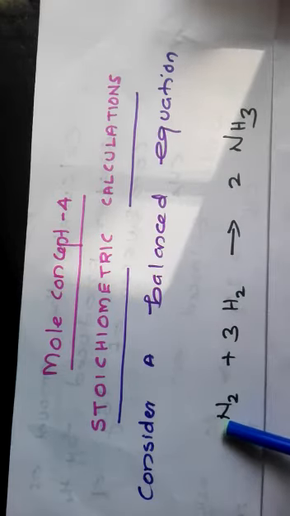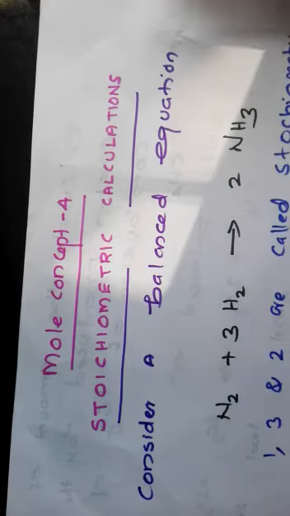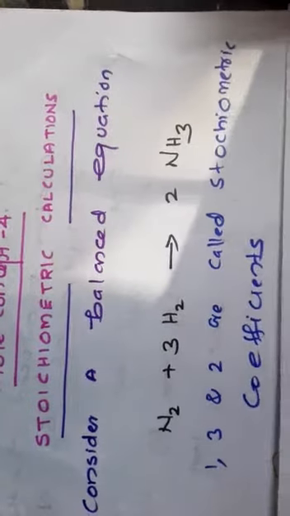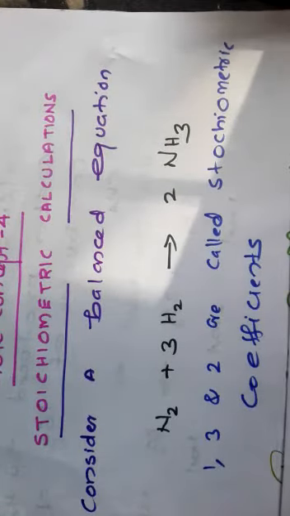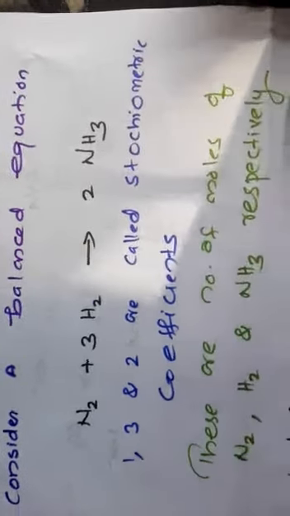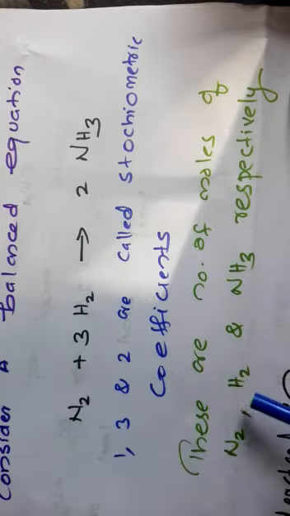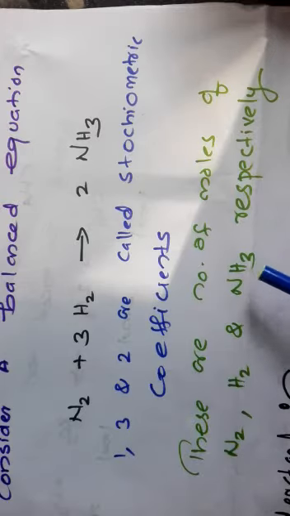The numbers given here are 1, 3 and 2. 1, 3, 2 are called stoichiometric coefficients. But these numbers are also called the number of moles of reactant N2, hydrogen, or ammonia respectively.